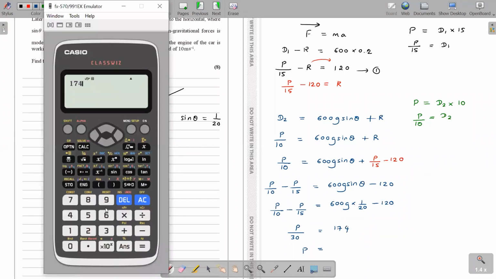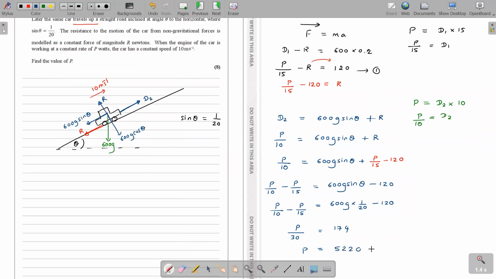So 174 multiplied by 30 gives me 5220. This is already in 3 significant figures, right? 5220 watts. Make sure that if you do get some extra significant figures, you reduce it to 3 significant figures, or else you will lose marks. The maximum they are allowing you is 3 significant figures. You can even leave your answer to 2 significant figures.